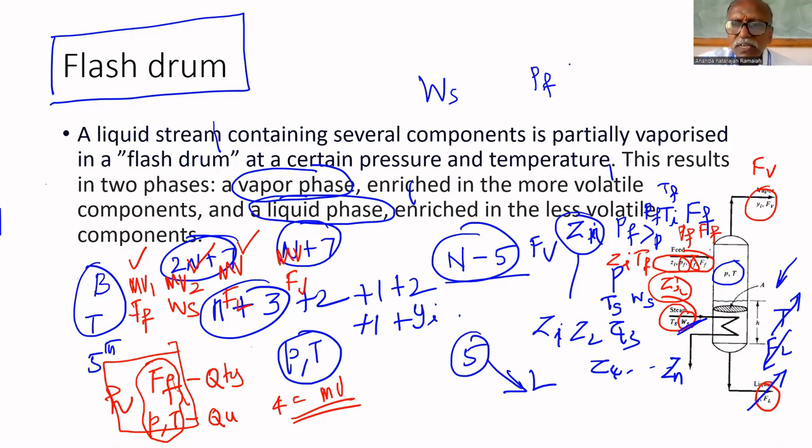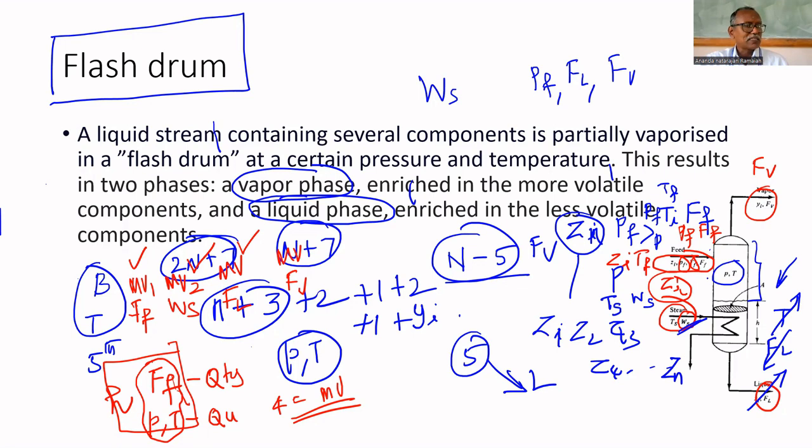So you can use liquid flow rate, flow rate of bottom product also, to control the temperature. Vapor flow rate also can be used to control the temperature. If you increase the vapor flow rate, what will happen? Pressure inside will decrease.